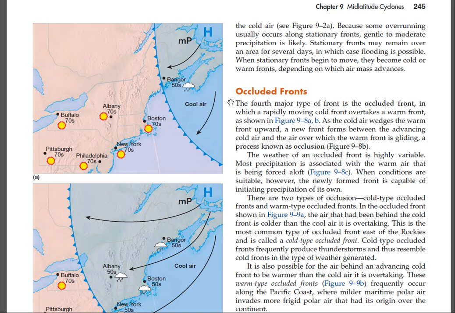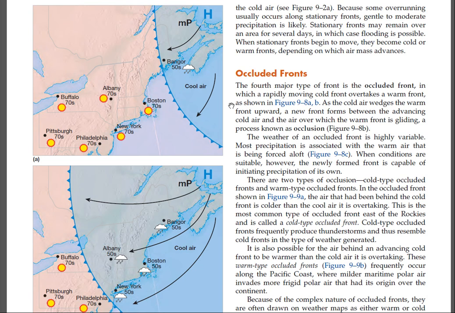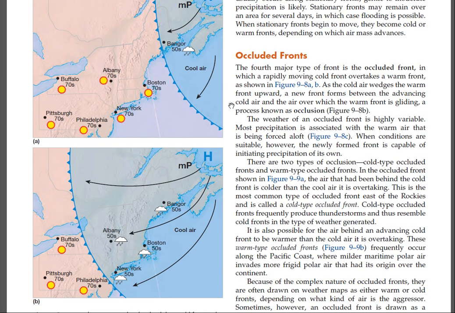Occluded fronts. The fourth major type of front is the occluded front, in which a rapidly moving cold front overtakes a warm front, as shown in Figure 9.8a, b. As the cold air wedges the warm front upward, a new front forms between the advancing cold air and the air over which the warm front is gliding, a process known as occlusion, Figure 9.8b.